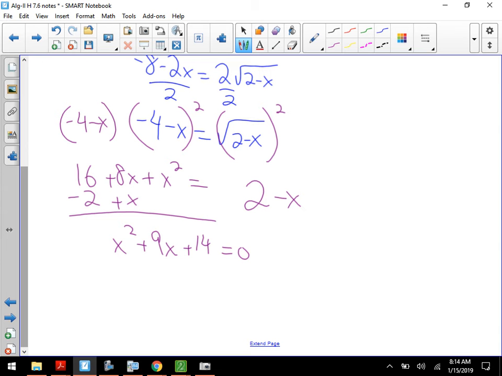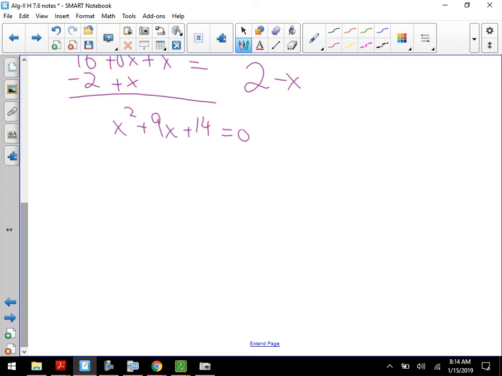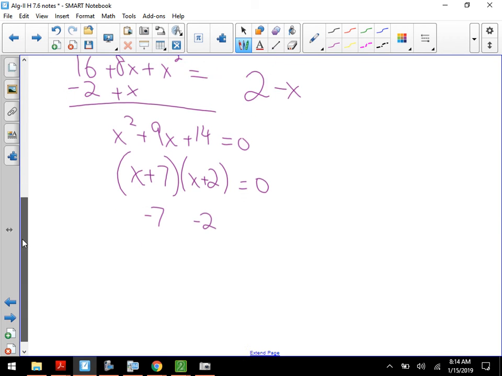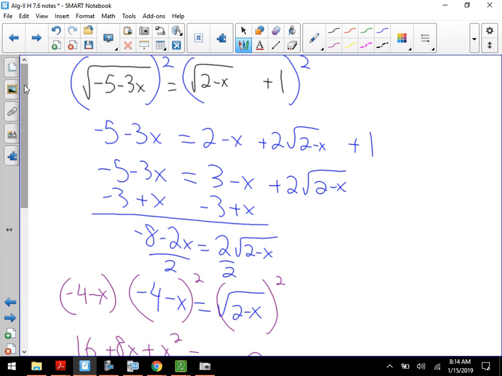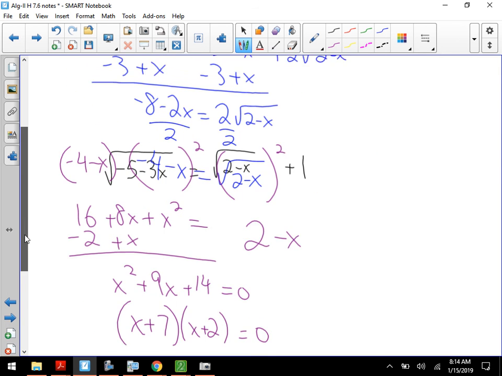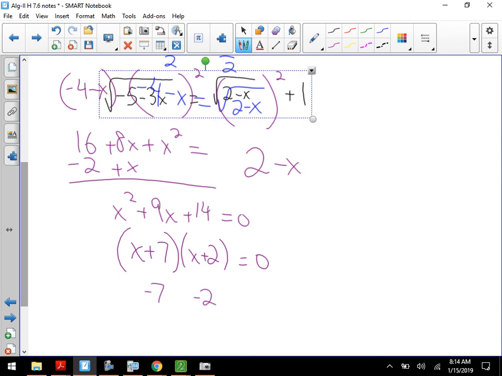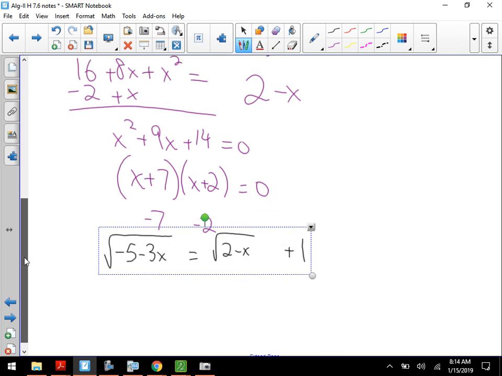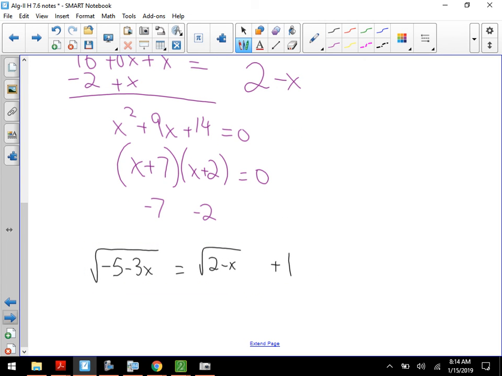What times what is 14 that you add together to get 9? 7 and 2. Gives me 2 possible zeros at negative 7 and negative 2. All the way back up. Bring this guy down. And we have to check them.